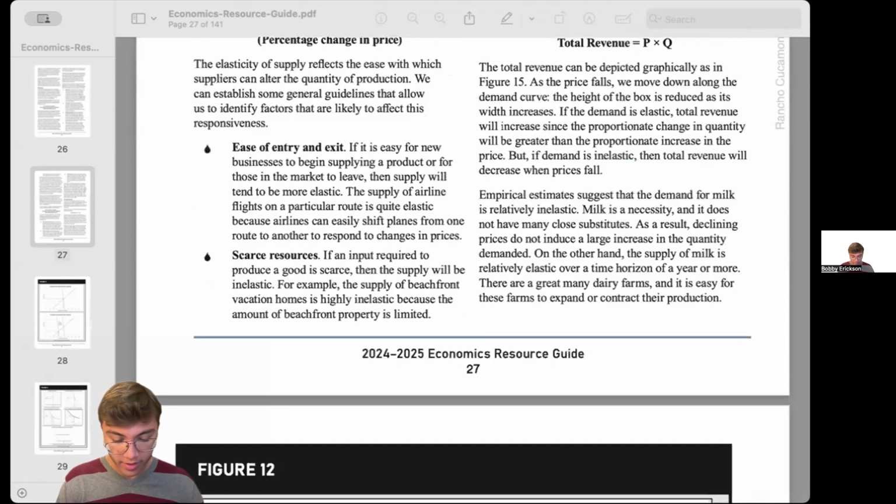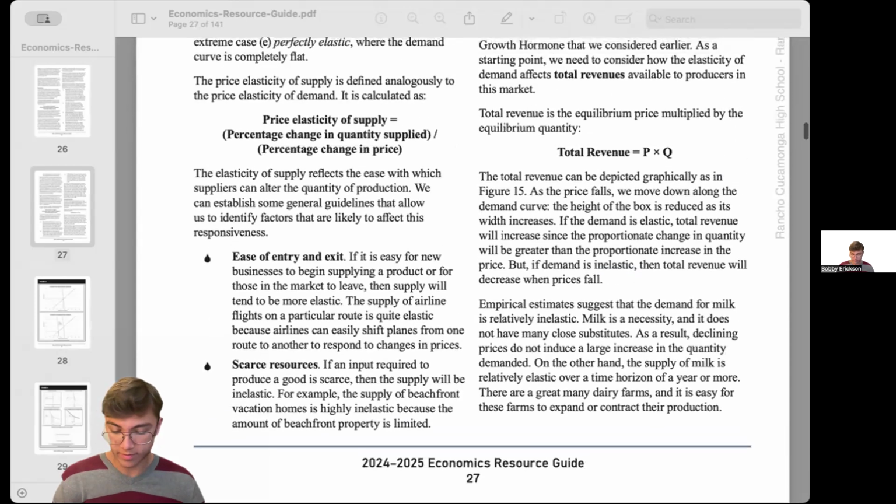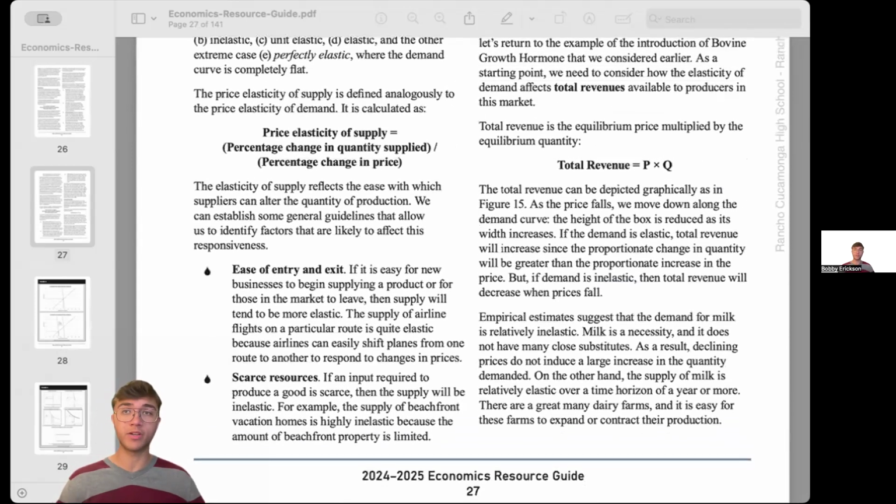All of the beachfront property that you can ever buy is fixed. You can't change the amount of beachfront property there is unless you build more, of course. But in a shorter time horizon, no, you can't change that. You just have a fixed amount of supply, and no matter what the price is, that much supply will not change. Even if the price increases, it's hard to build new beachfront properties. And so that is inelastic.